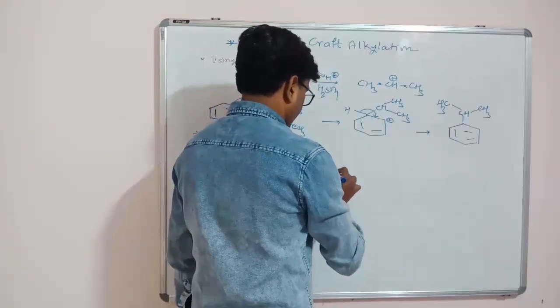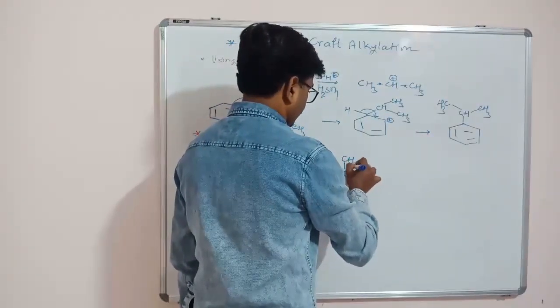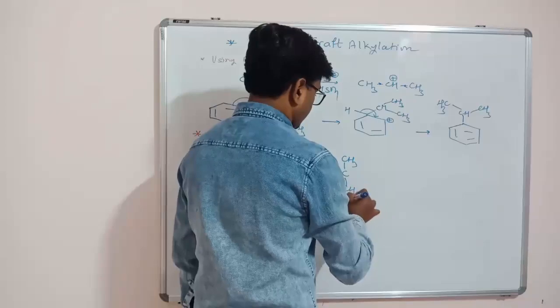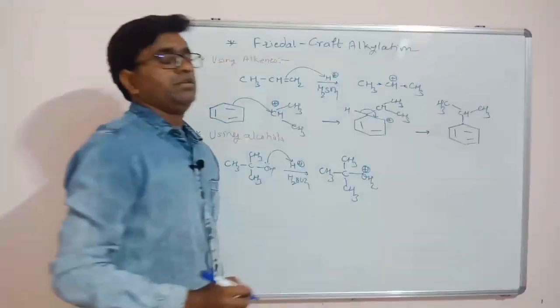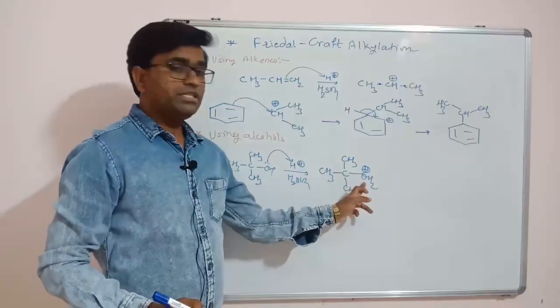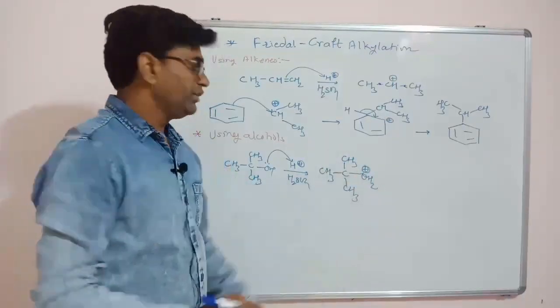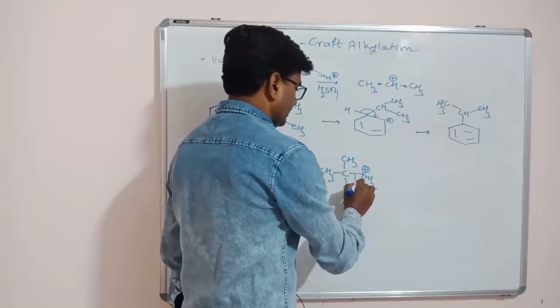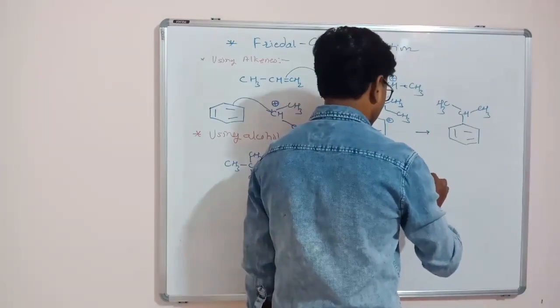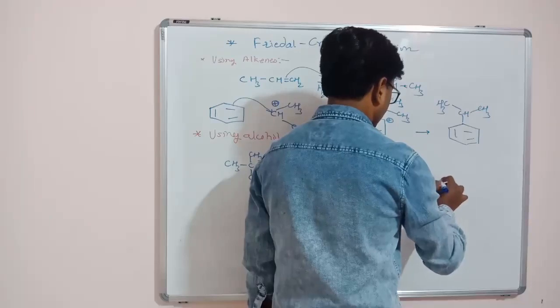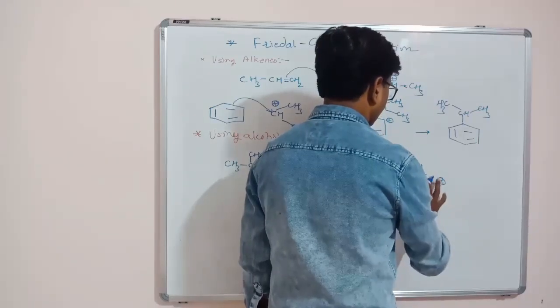So we have CH3, CH3, CH3, and this oxygen plus H2. This is a good leaving group that will leave, and we will get the tertiary carbocation, which is more stable. So this is the driving force to form this carbocation.